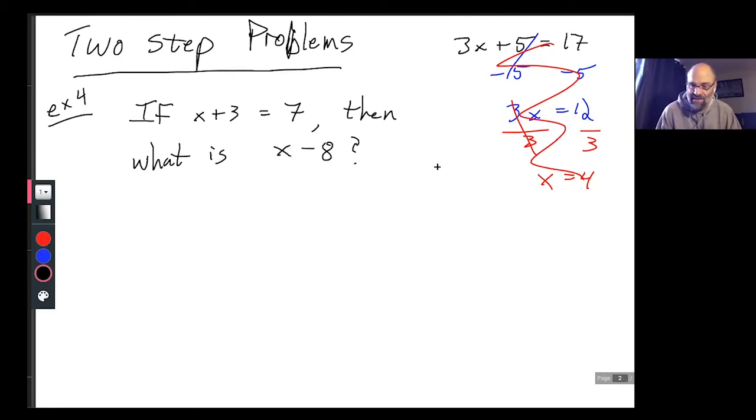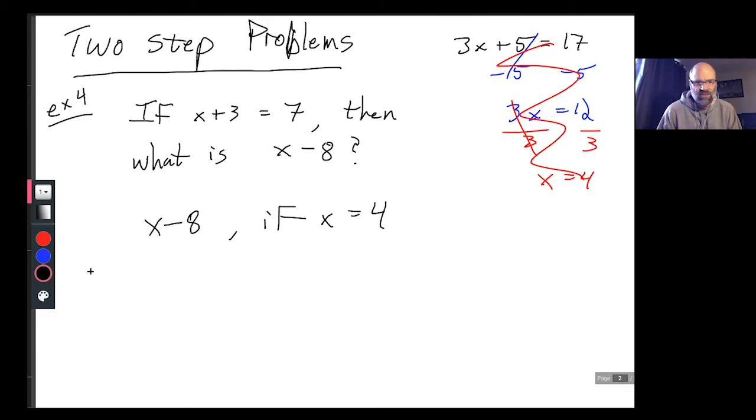In the past, we've had problems like this: what is x minus 8 if x equals 4? And all you have to do is plug in 4 for x and you're done. That's the same thing you're doing here, but you are not given the x. You have to work a little bit just to figure out what x is, and then you plug it into this x minus 8. Not a big deal, just one extra step.